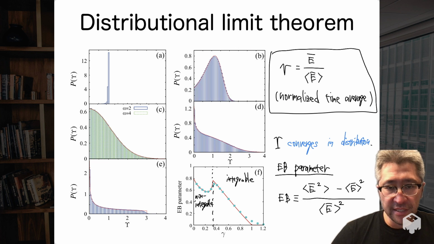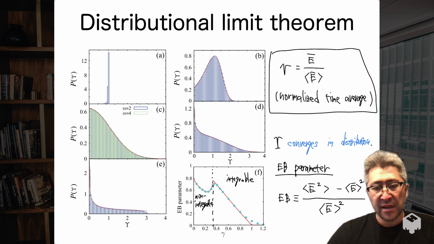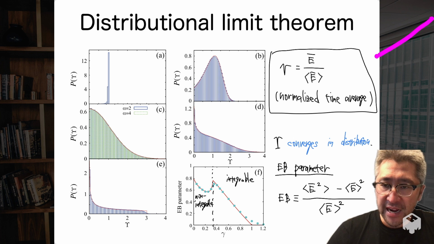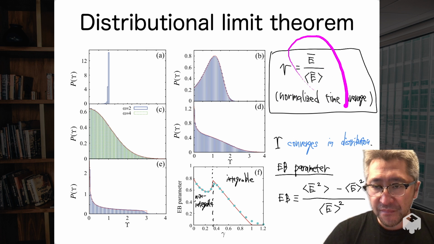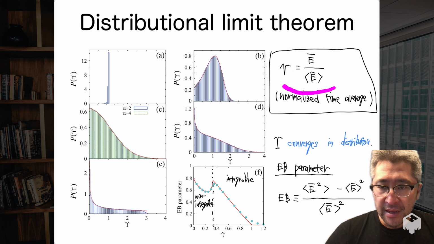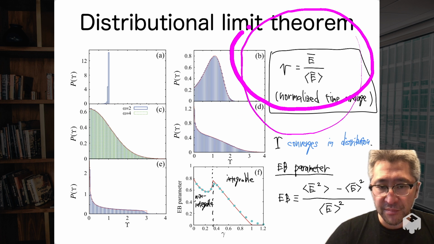We also found the distribution of kinetic energy. We define the time average kinetic energy divided by its ensemble average. So this is the normalized time average. This mean is always 1 by definition. And we simulated this normalized time average, and found there is a transition of this distribution.